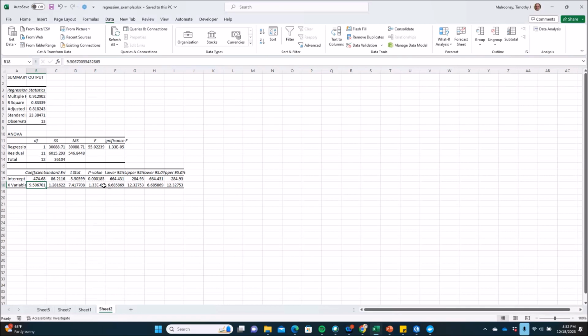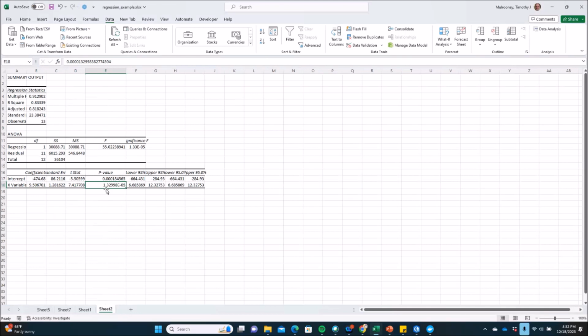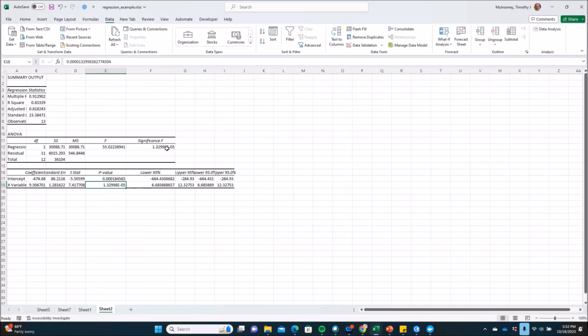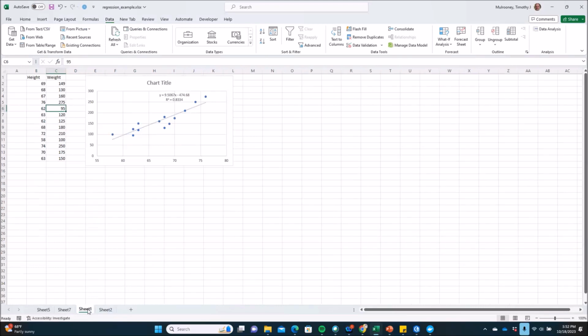And if I go all the way over here to p-value, I get a nice p-value right here that says 1.325 e negative 5. Up here, I also get my significance F. I see these numbers that are really, really low, meaning that if I had 12 points, what are the chances I threw them up there and they made this exact pattern in a line or close to a line?